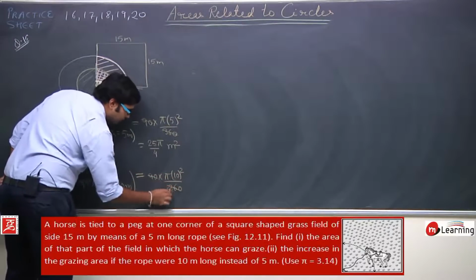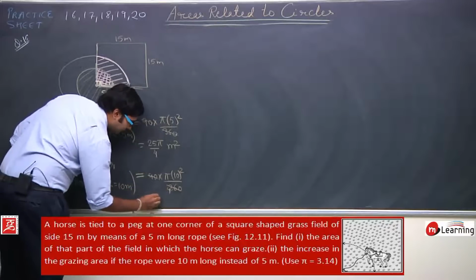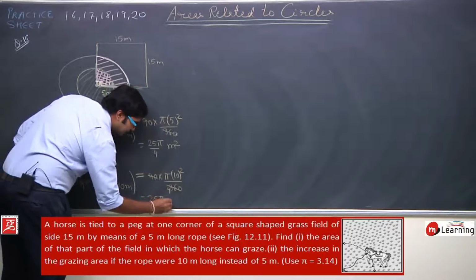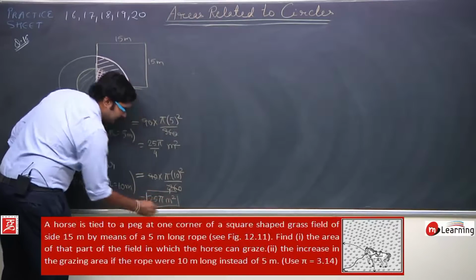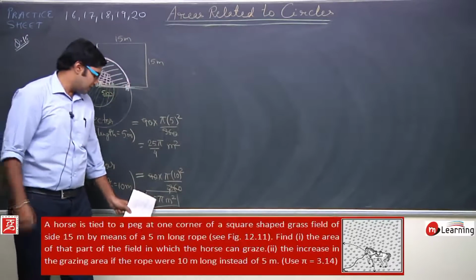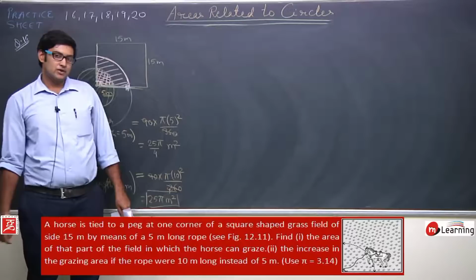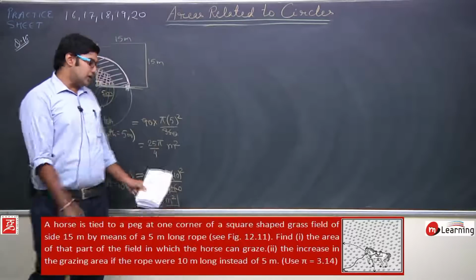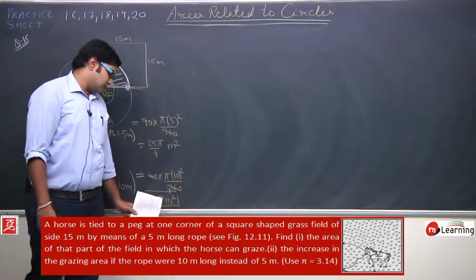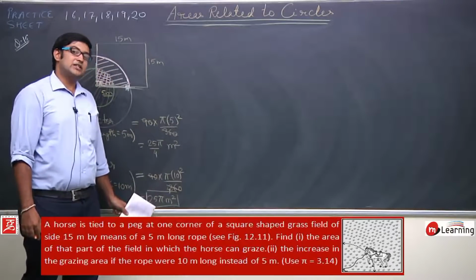So this will give you 25 pi meter square. So if the rope length is 10 meters, then the horse can move in 25 pi meter square. He can move in this much area. So rope length 5 meter means this much area, rope length 10 meter means this much area.